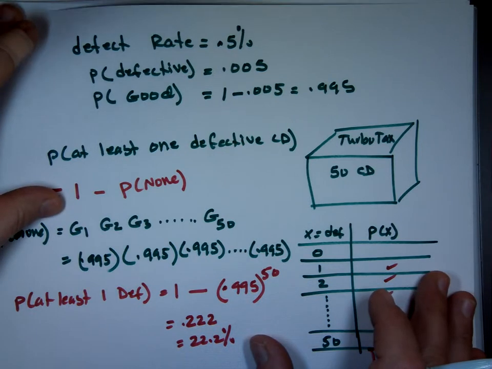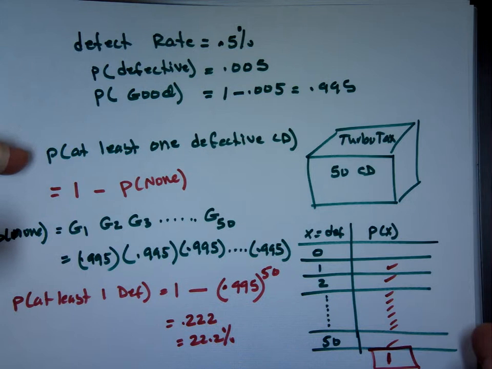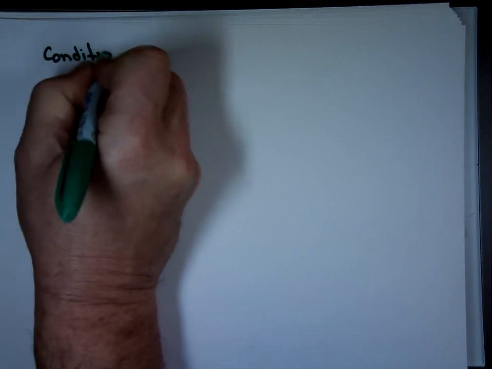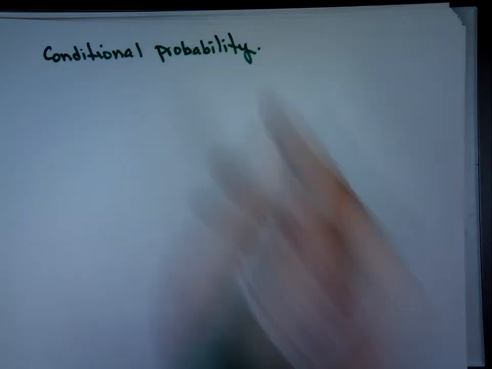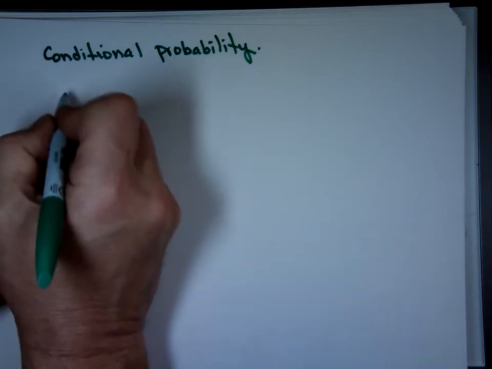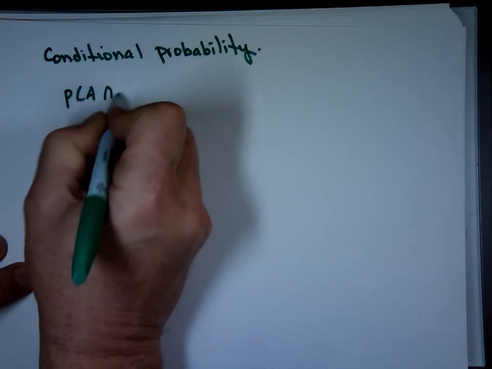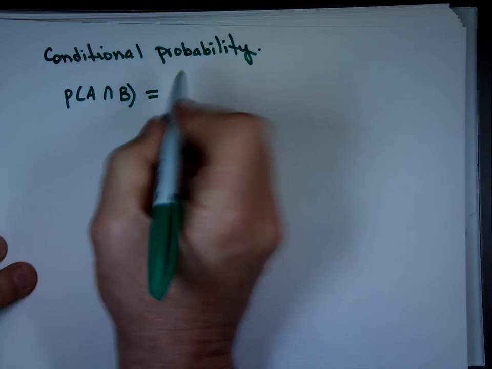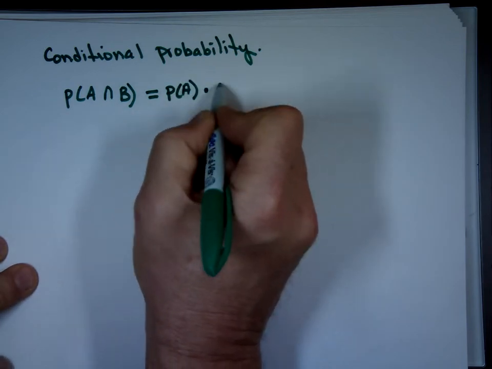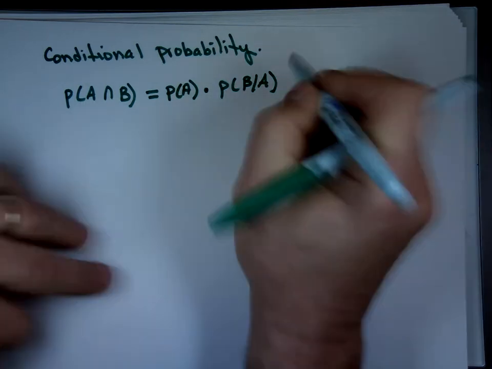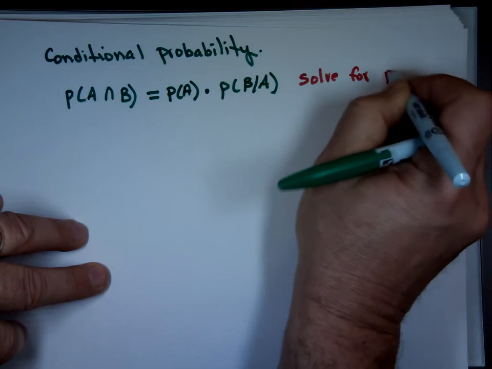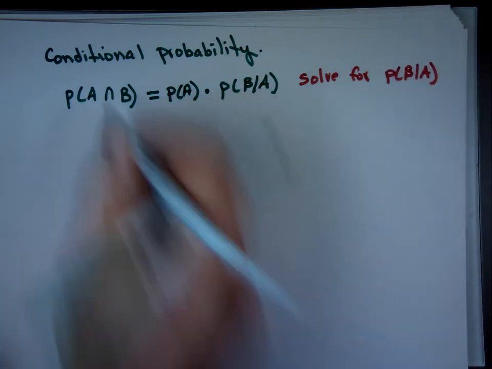Let me also talk about conditional probability. Now remember, the probability of A and B, if the events are dependent, is the probability of A times the probability of B given A. Take that equation and solve it for the probability of B given A. You end up with this one.